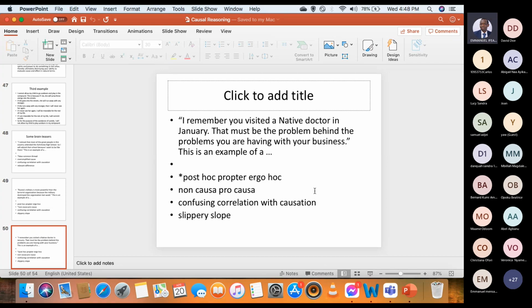I remember you visited a native doctor in January. That must be the problem behind the problems you are having with your business. So it's an example of post hoc ergo propter hoc, a non-causal pro-causal, confusing correlation and slippery slope. For all you know, these things might just be accidental events. It's possible that these native doctors don't actually do anything.